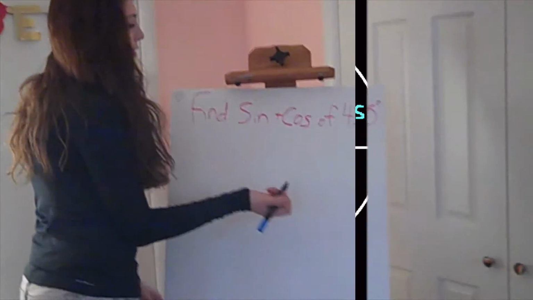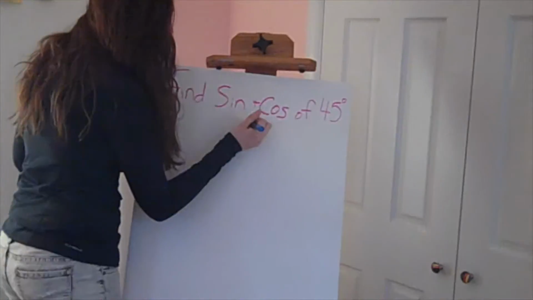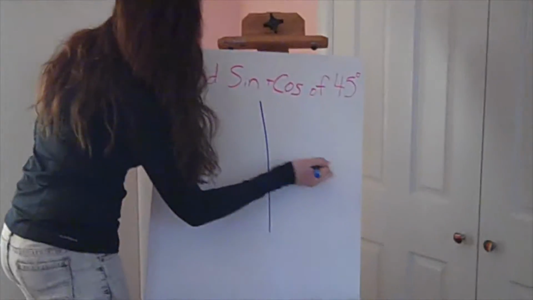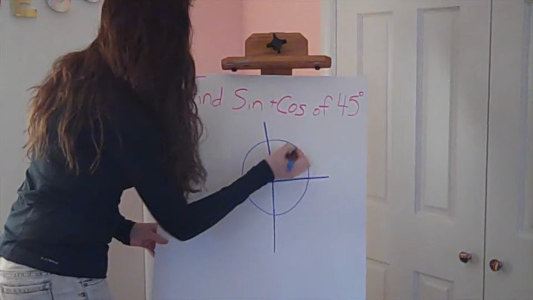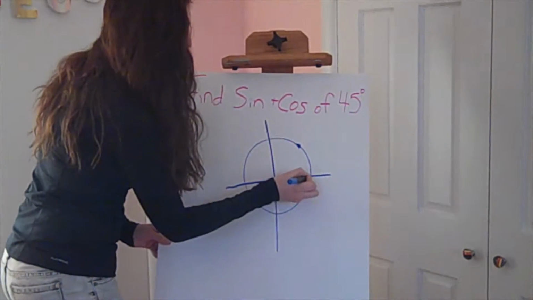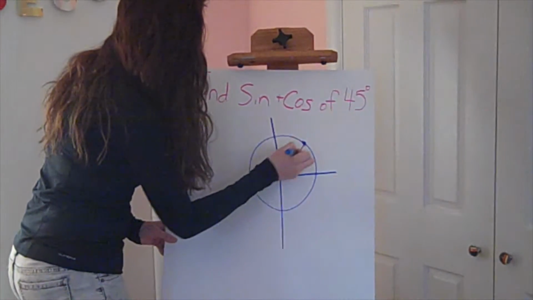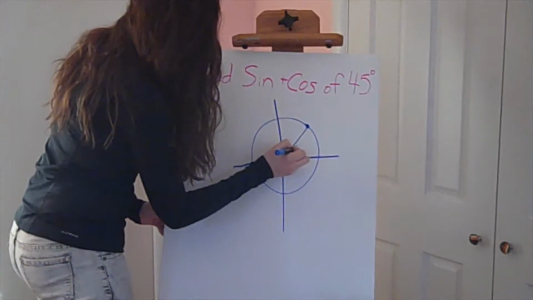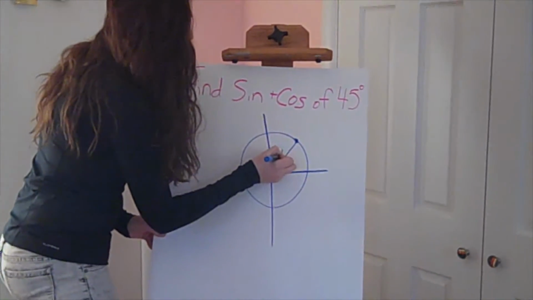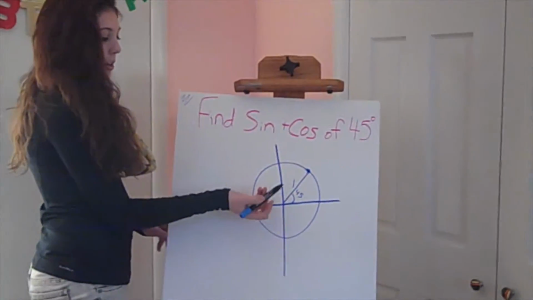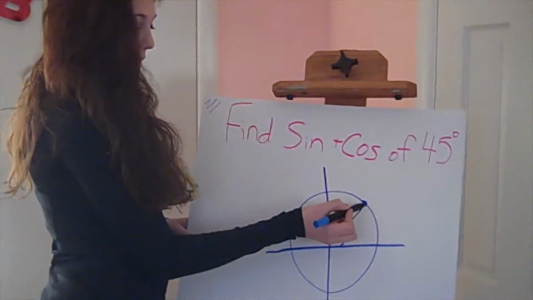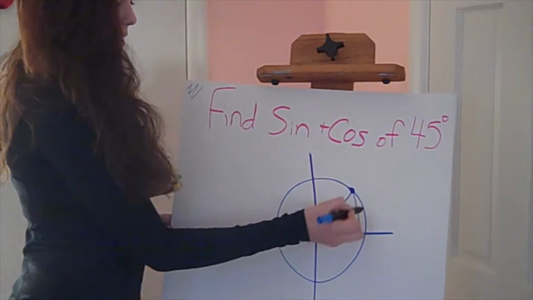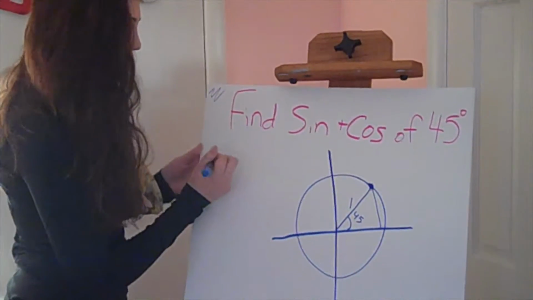So to solve for the sine and cosine of a 45-degree angle, we can draw the unit circle again. And here is 45 degrees going from the x-axis. So that is 45. And since it's on the unit circle, the hypotenuse is 1, and we know that since it's a 45-degree triangle, the two sides are equal.